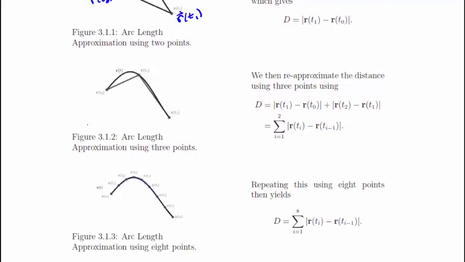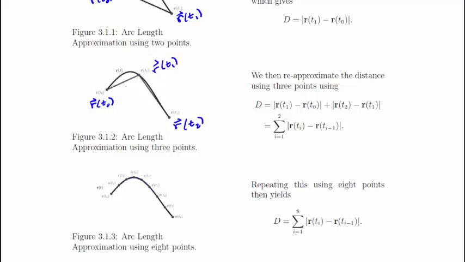We can look at figure 3.1.2, arc length approximation using 3 points. We have the same r of t naught as our initial point. We still have the same end point, but now we're calling it r of t2 because in the middle we have r of t1 as a middle point.